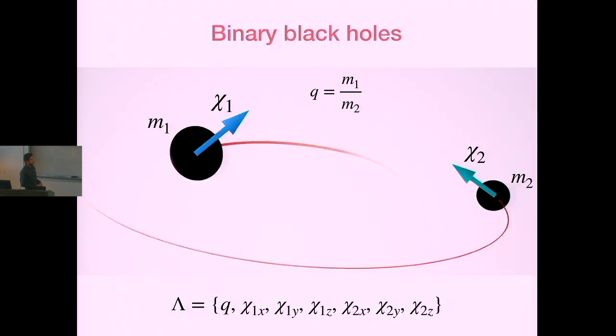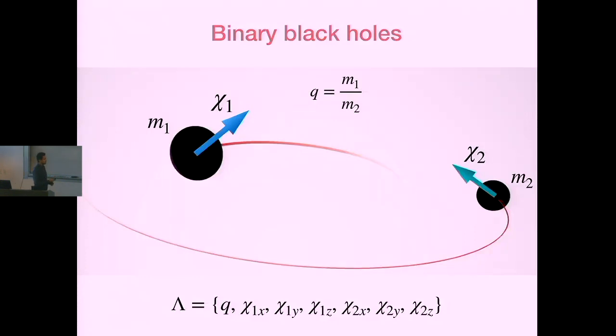So this consists of two black holes, and each of them has a mass and a spin. The spin is indicated by the arrow here. However, when you want to model these systems, the total mass scales out in GR, and you can just treat the mass as a single parameter by using the mass ratio, because the total mass in the modeling problem can be put back in after you build the model.